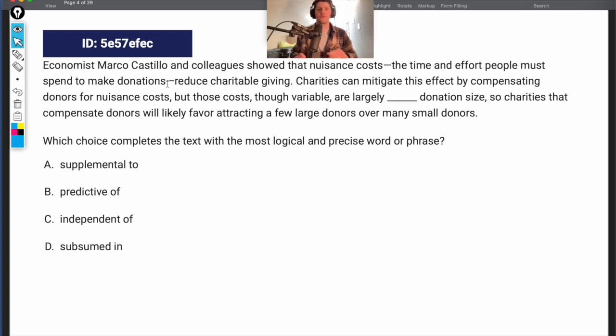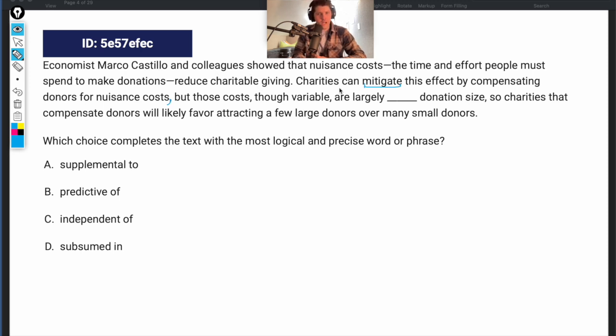Okay, so the next sentence, charities can mitigate, there's probably the first challenging word, mitigate this effect by compensating donors for nuisance costs. Let's pause there. There's a comma. Even if you don't know what mitigate means, obviously this is a bad thing, right? Lowering charitable giving.